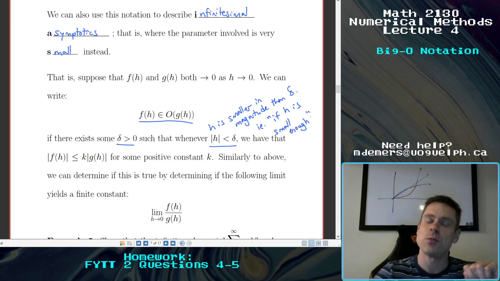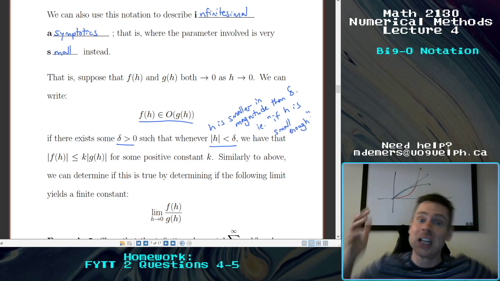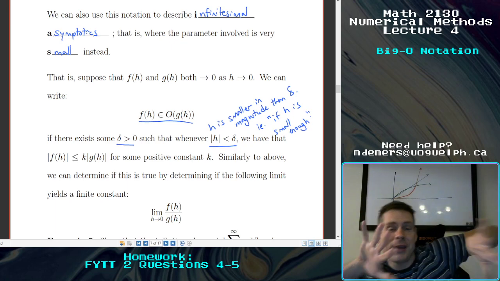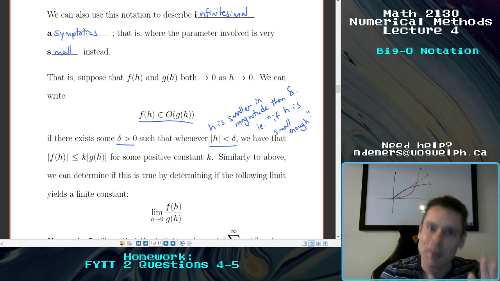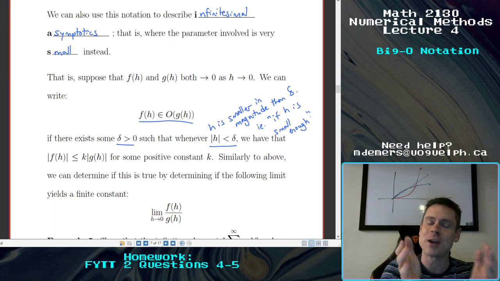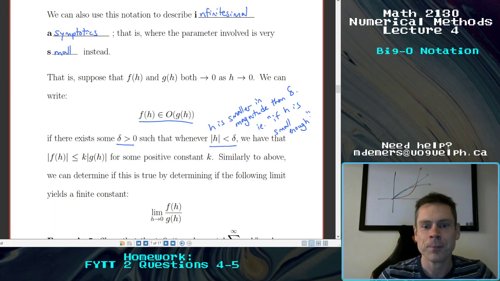The first definition we talked about, if n was large enough, if there was some threshold beyond which a certain relationship was true. And here we want to do the same thing, but we need to make sure that h is small enough. So the delta is like a threshold in the size of the h.